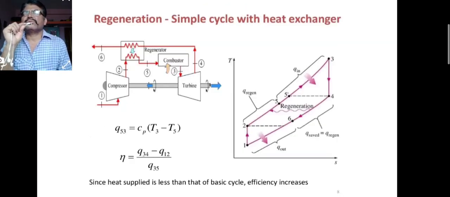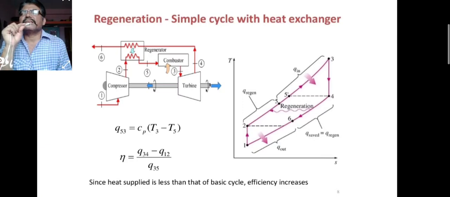Next I have shown the cycle of regeneration as well as the TS diagram. The efficiency is nothing but the heat of the turbine minus the heat of the compressor divided by the heat of the combustion chamber.